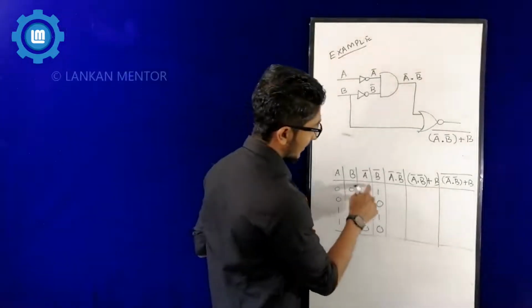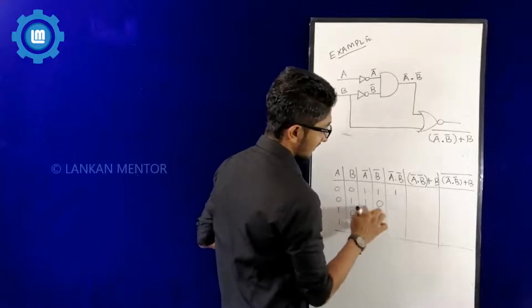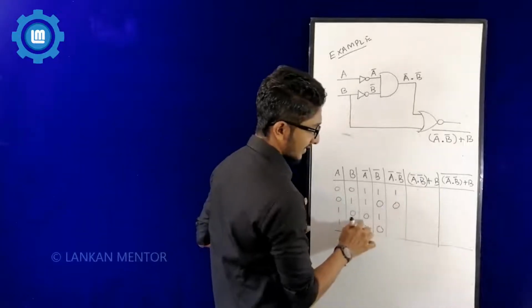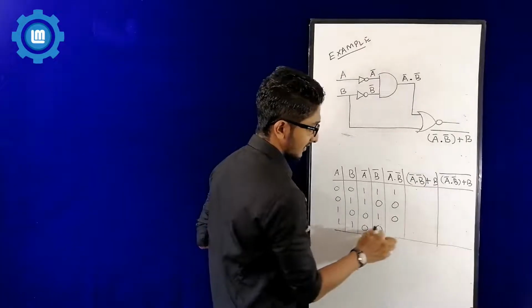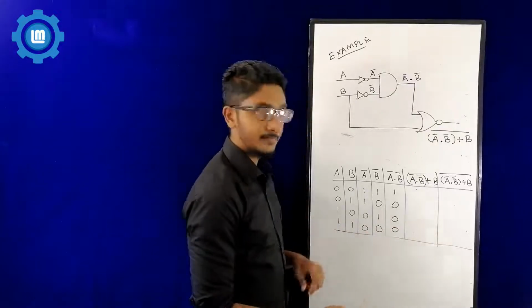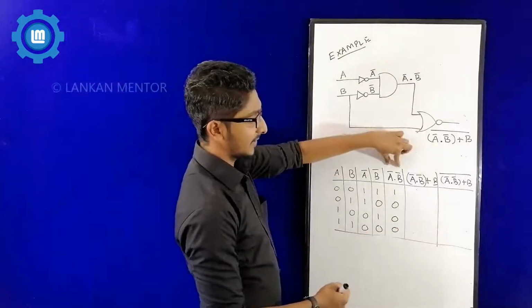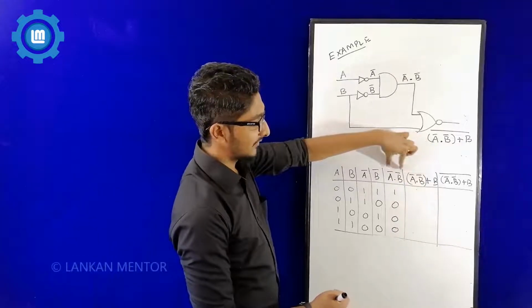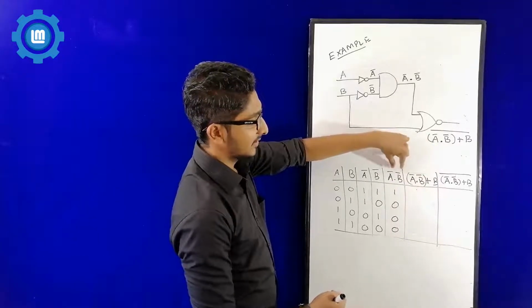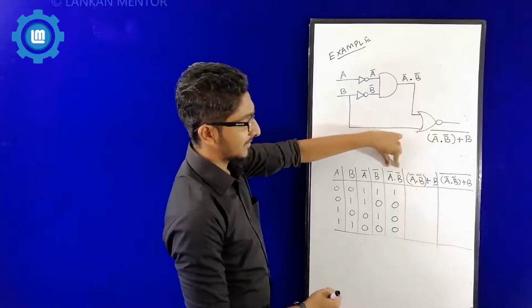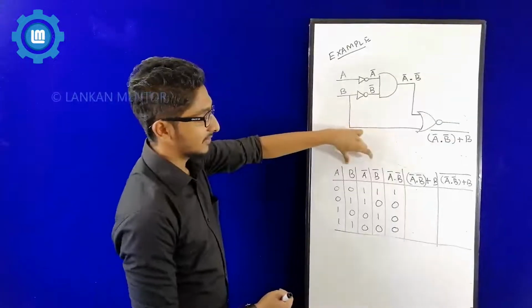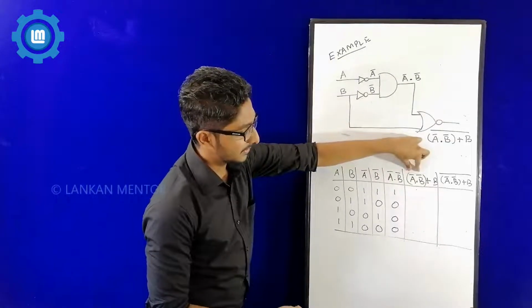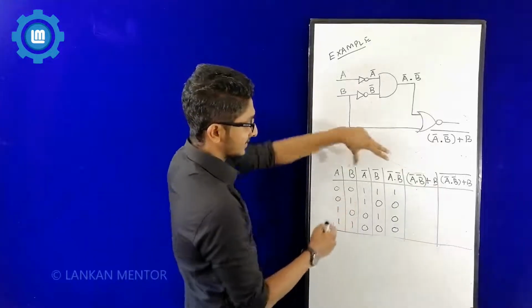So 1 into 1, 1. 1 into 0, 0. 0 into 1, 0. 0 into 0, 0. Right. You have A bar dot B bar. Here A bar dot B bar plus B. So you have to add A bar dot B bar with B.